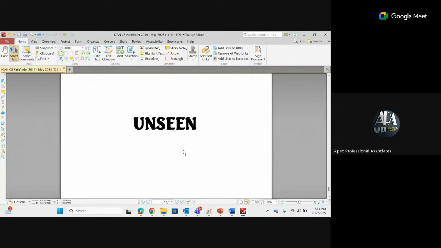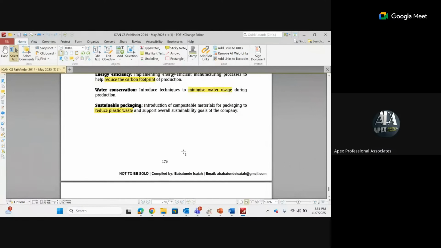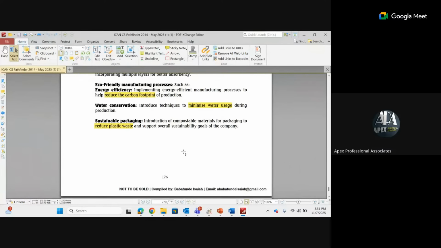So as you can see, every case study paper is divided into 2: the present part, which was out yesterday or a day before yesterday, and the unseen part. We have walked ourselves through all the necessary things we need to know in the present.